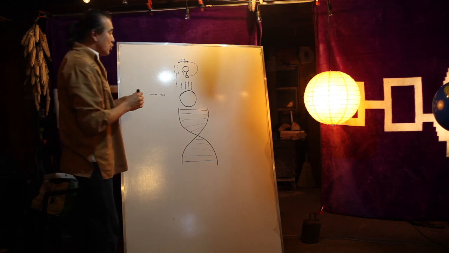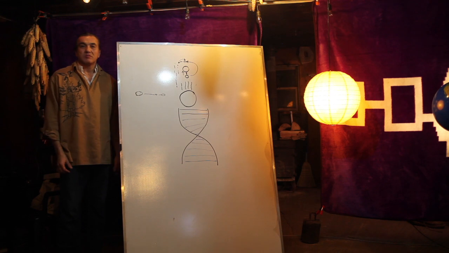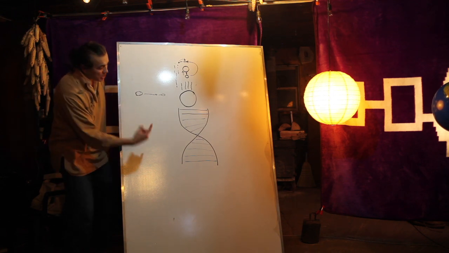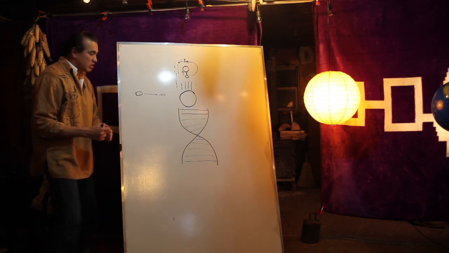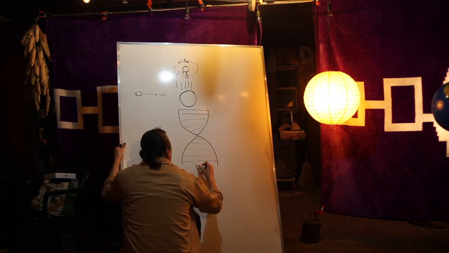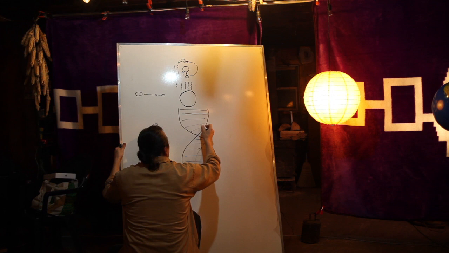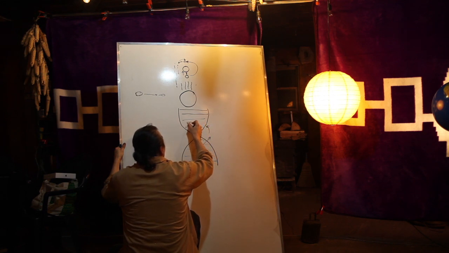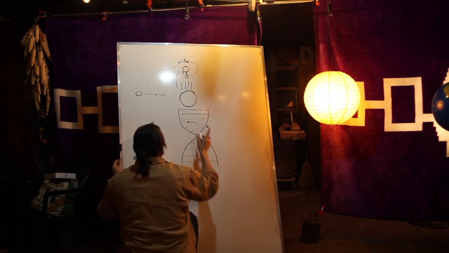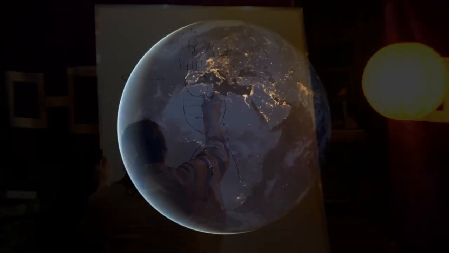So, who knows what direction that spiral goes? Counterclockwise. It goes like this. So the rotation is actually this way. If you can look at it from above, you would be seeing this.